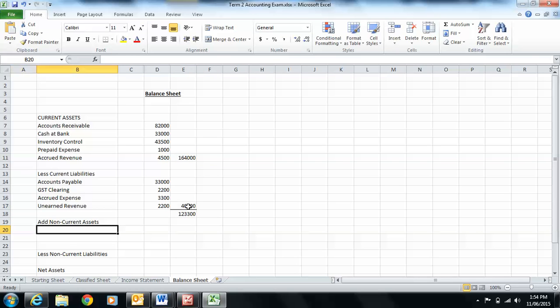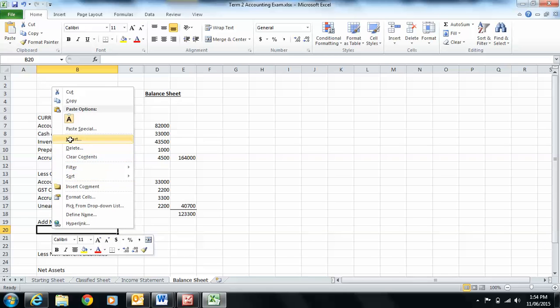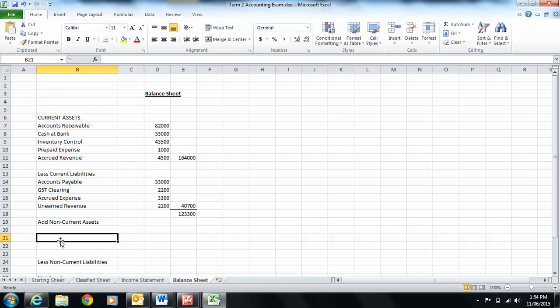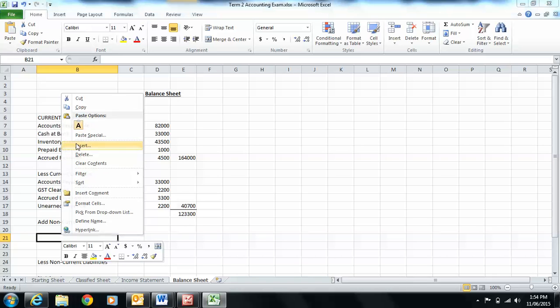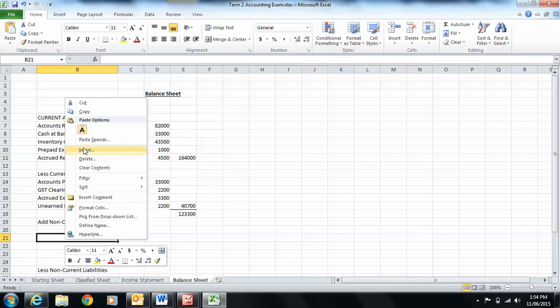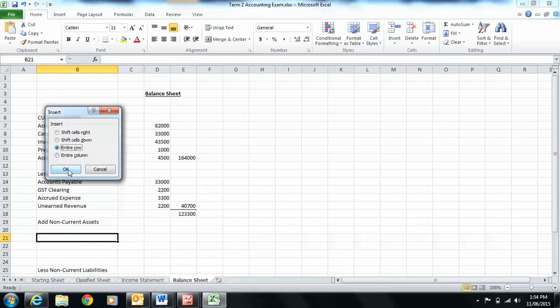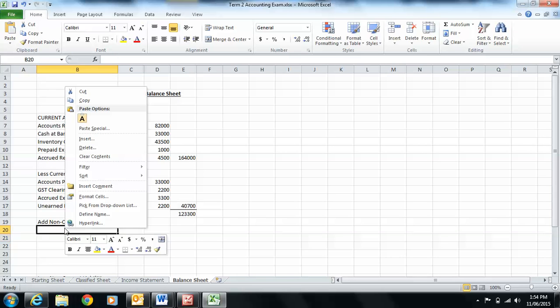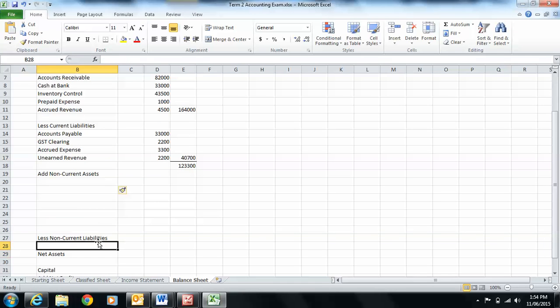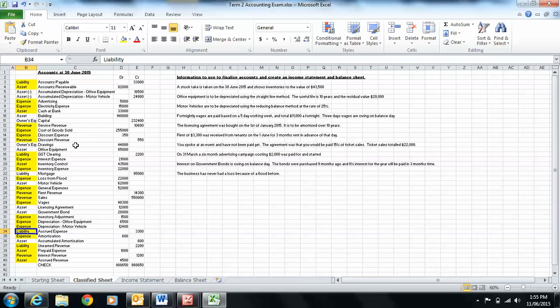So now we have to add in any non-current assets. So we might just pop a few more rows in, and let's have a think about what other assets. Basically we're going to put all the other assets in here.